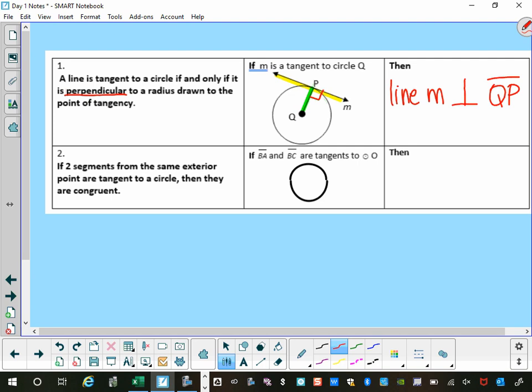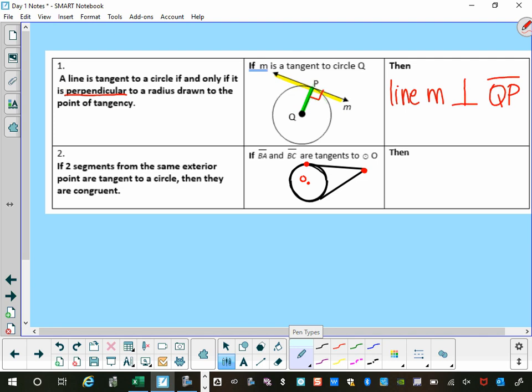It works. Alright, so if BA and BC are tangents to circle O. So let's go ahead and name this circle O. So draw your own circle, make it circle O. It says if BA and BC are tangents, well, it has to have the same exterior point. So on your paper, I want you to make two tangents that are going to be at an exterior point.